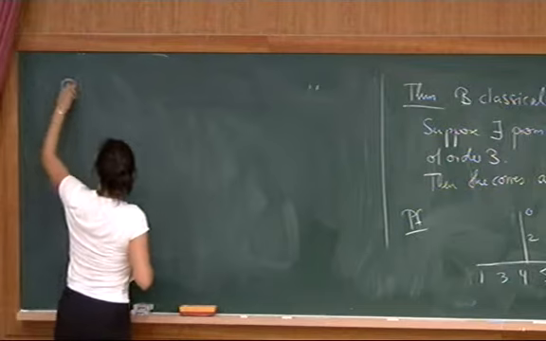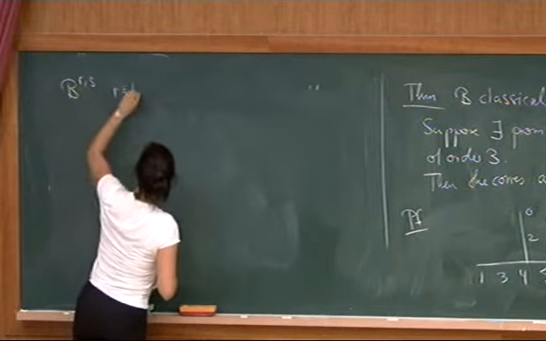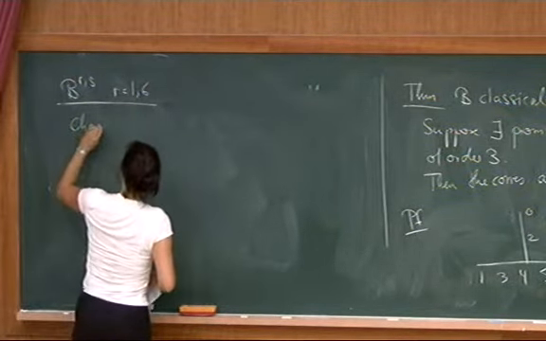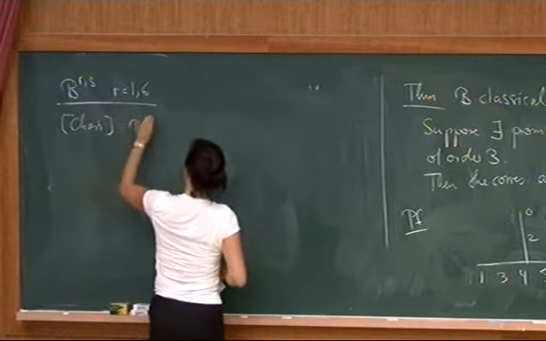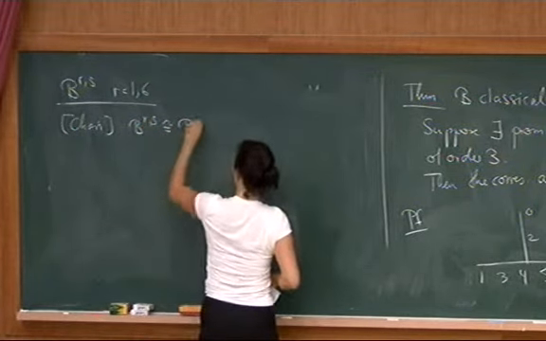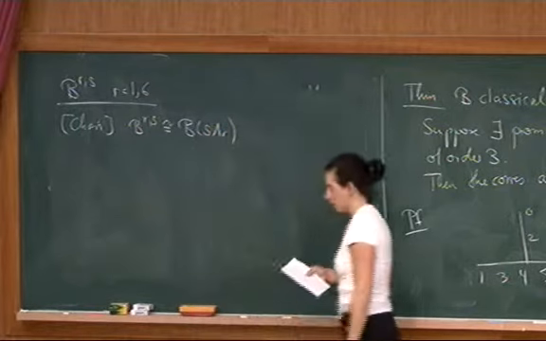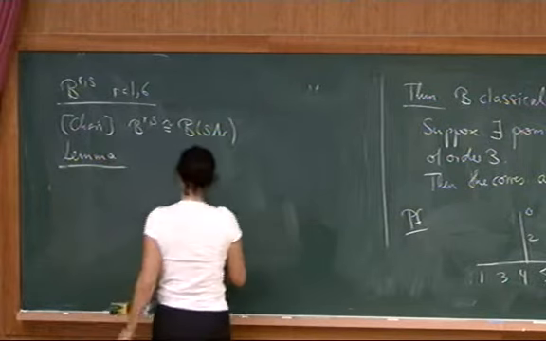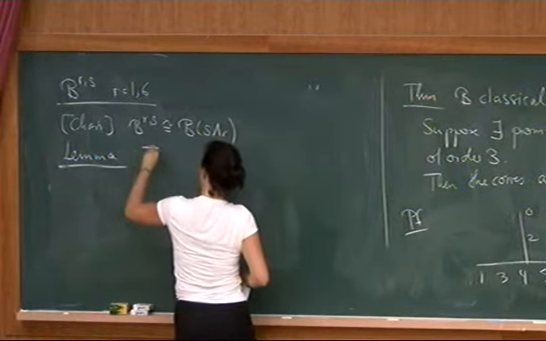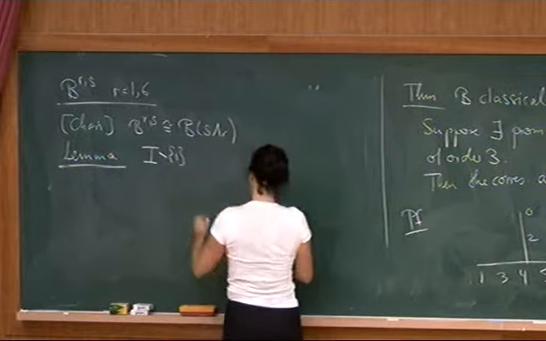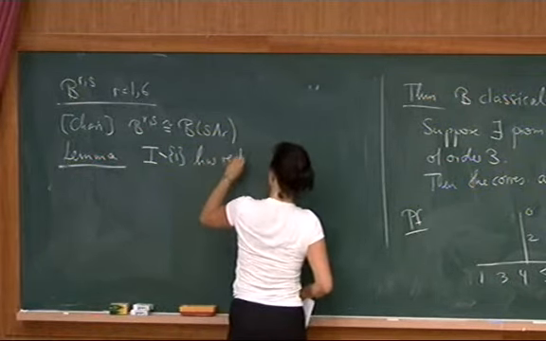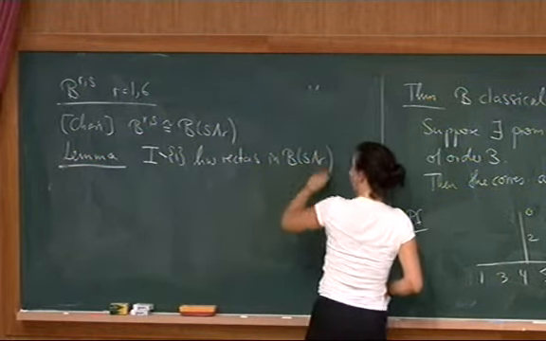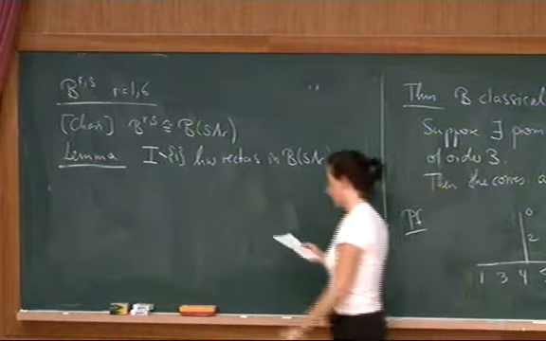So let me first look at B^{r,s} when r is equal to 1 or 6. Then by Chari we know that B^{r,s}, as I already said, is isomorphic to B^{s\lambda_r}. And it's pretty easy to prove that if you look at the I minus 1 highest weight vectors in B^{s\lambda_r}, they're completely determined by weight.